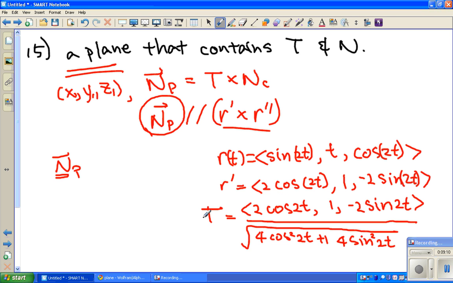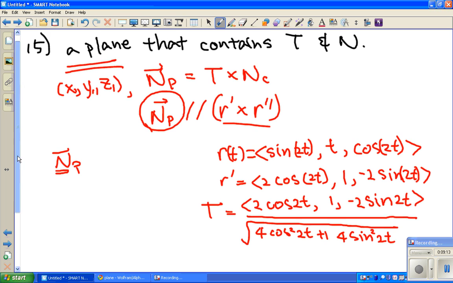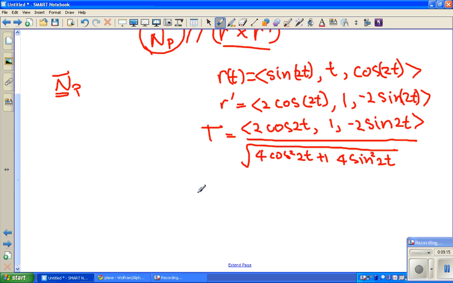Now, if you want to go further, the unit normal vector, in fact, to the curve now becomes 1 over square root of 5.